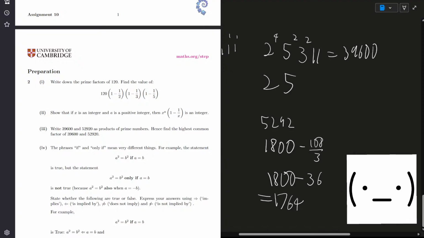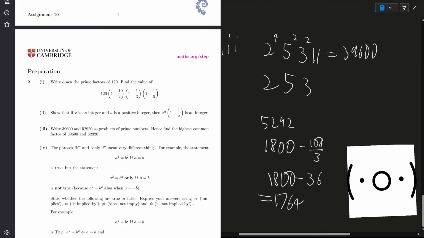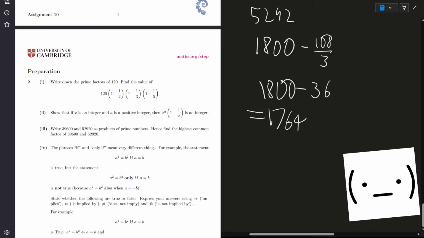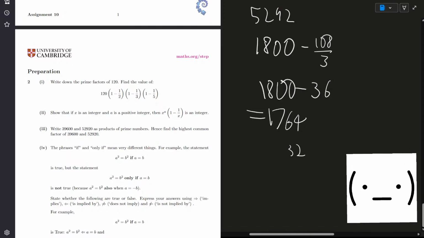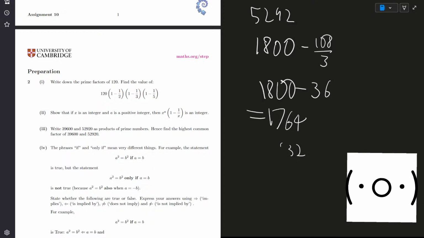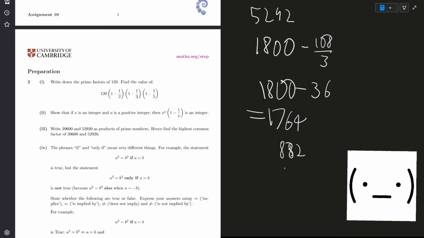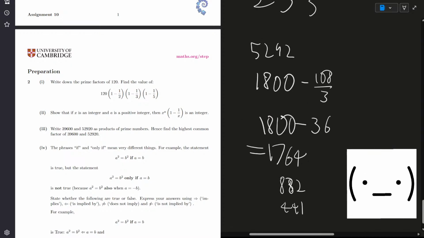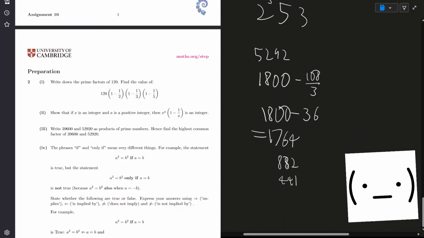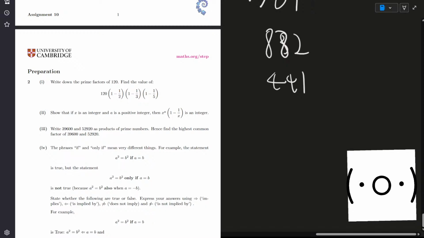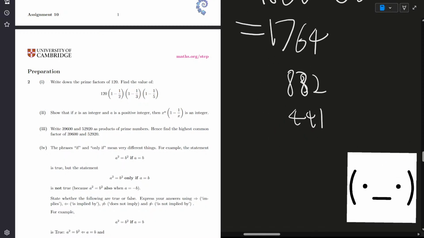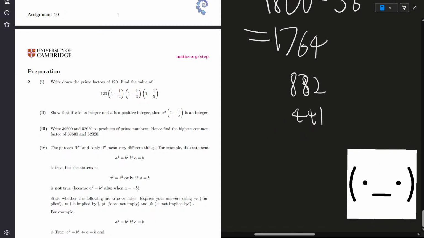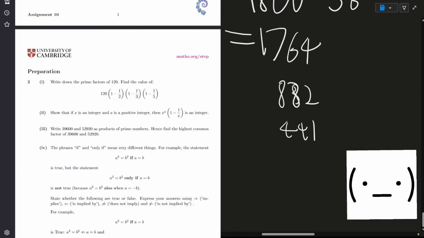So then we can add a 3 here. We can add a 2. We could just divide by 2 into 882, 441. So this becomes here. Divide by 2 again. Add two 2s. Now this is definitely not divisible by 2 anymore. Won't ever be.